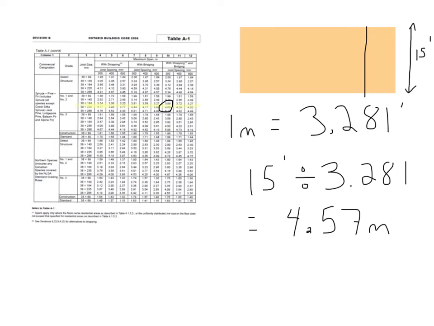We can't undersize a joist or the span for our joist. It has to be above or equal to. So the only joist that would work would be 300 millimeters on center, which is 1 foot or 12 inches on center. It would have strapping and bridging, and it would be a 2 by 10 or a 38 by 235 floor joist.